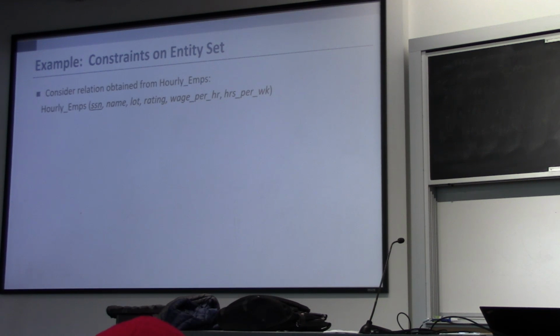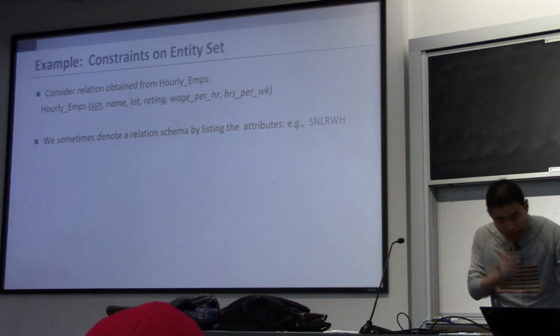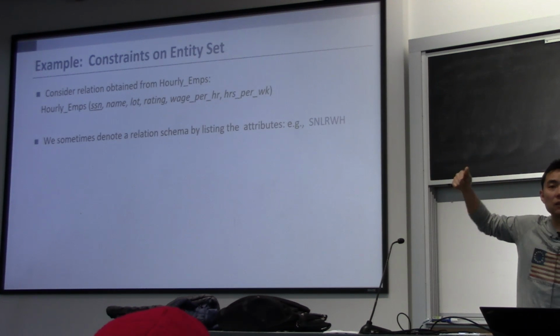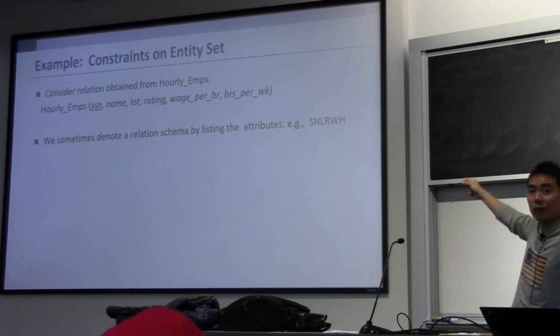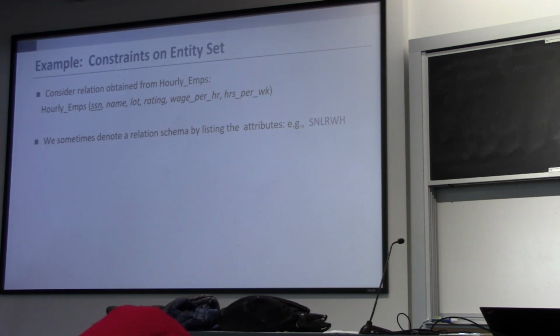This seems like a perfectly okay schema. There's nothing wrong with it, until we dig deeper into this. For ease of discussion, sometimes I denote a relation schema by listing the attributes using the first letter of each attribute, capitalized. So this relation becomes SNLRWH.